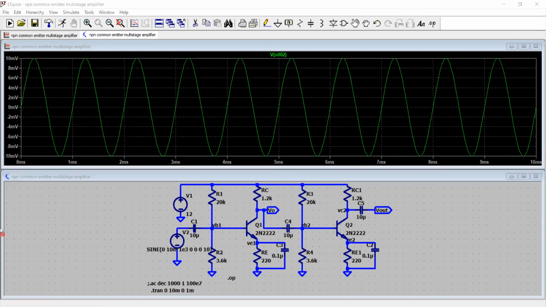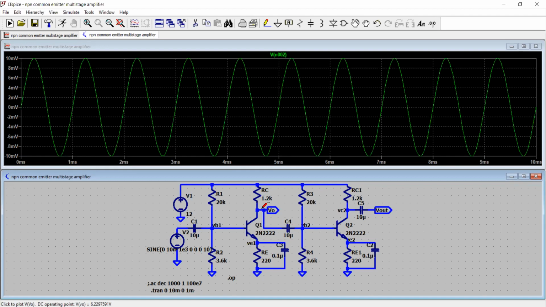That I have clearly seen from the screen. And now I want to plot the output signal. With the input plotted, now I want to pay attention to plotting the output of the first stage. So I got back my mouse.